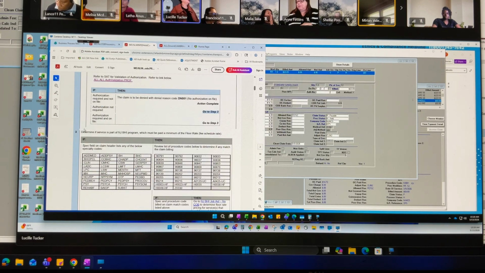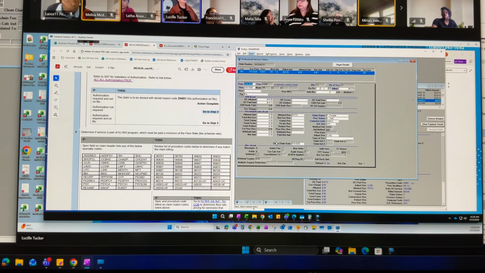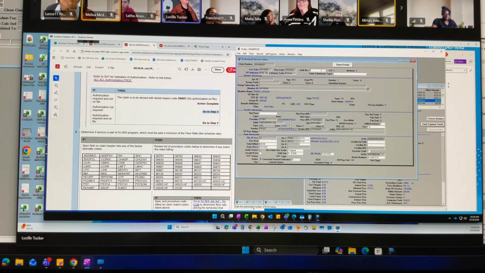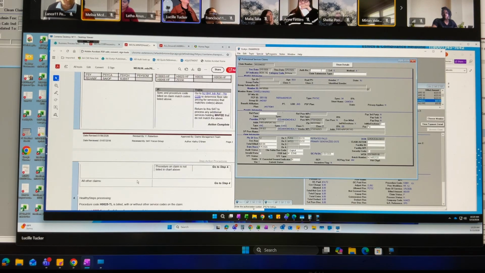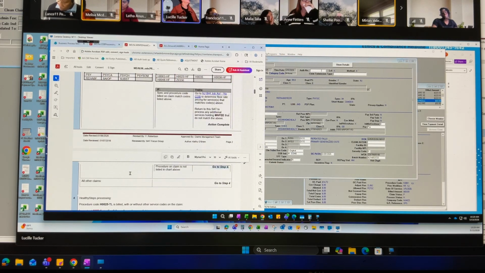So step 3 has me reviewing if my claim is part of the New Jersey Behavioral Health Initiative. It is not, because my specialty is DME. Okay? So DME is not listed among those specialties. So I'm going to keep going to step 4.